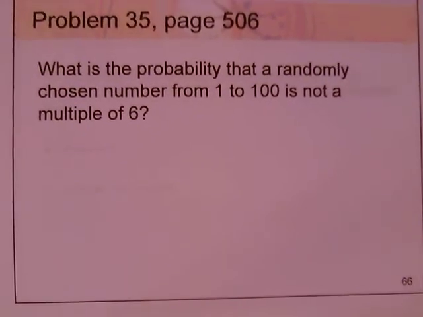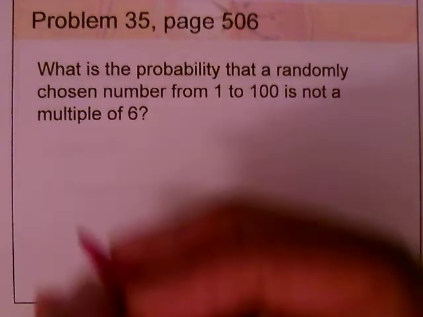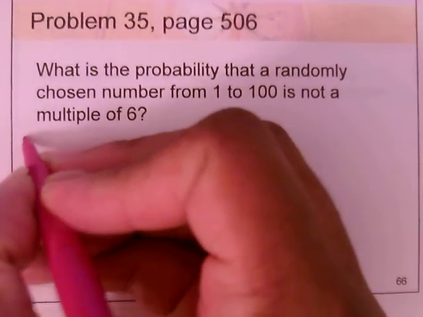In problem number 35 on page 506, what is the probability that a randomly chosen number from 1 to 100 is not a multiple of 6? Now this is where we need to list the multiples of 6, if we can. That's how I did this problem.